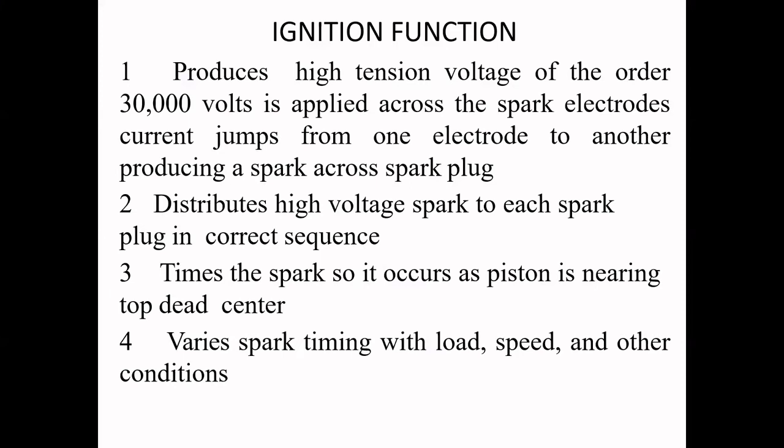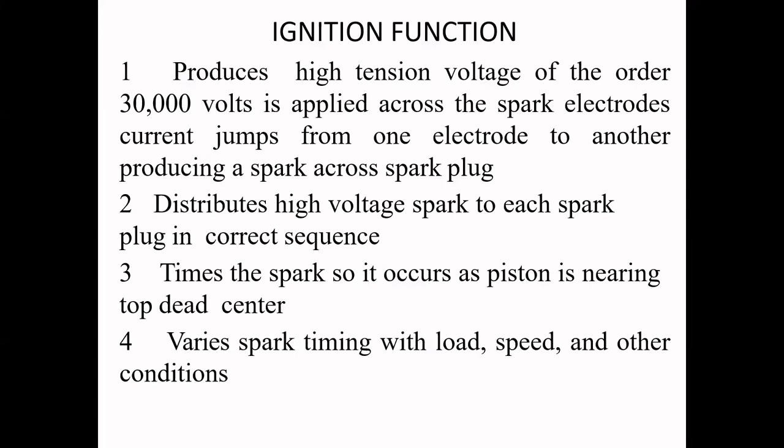To achieve this, the ignition system has to perform certain functions, so as to have a better spark, a faster ignition, more work, better efficiency and improved power output of the engine.